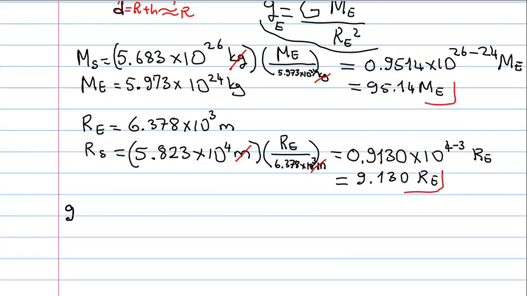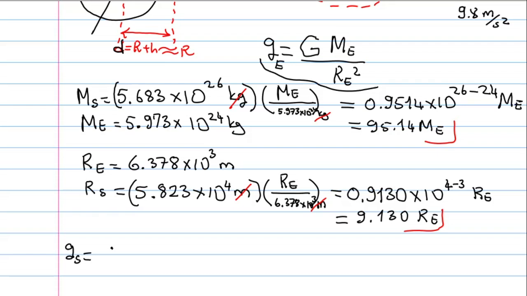Using this information, I will rewrite g. g Saturn is the gravitational constant G, and I need to write the mass of Saturn over the radius of Saturn squared.